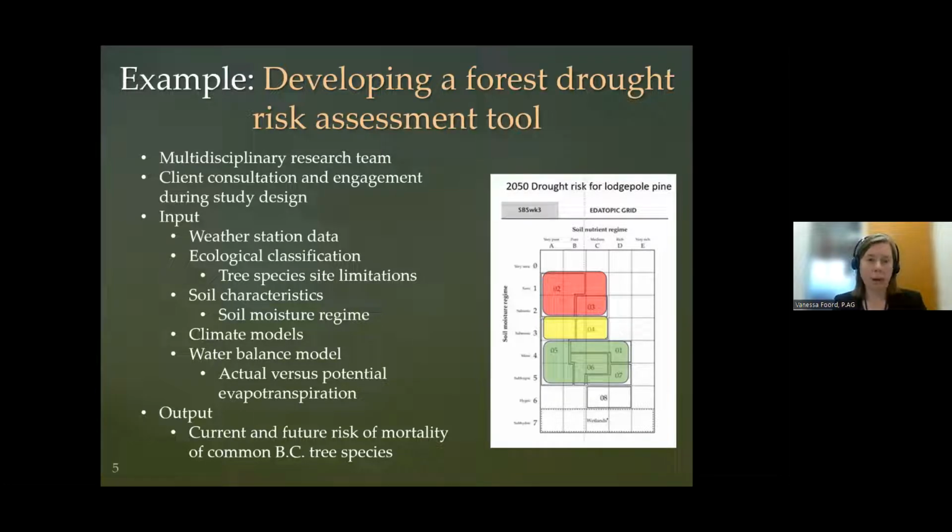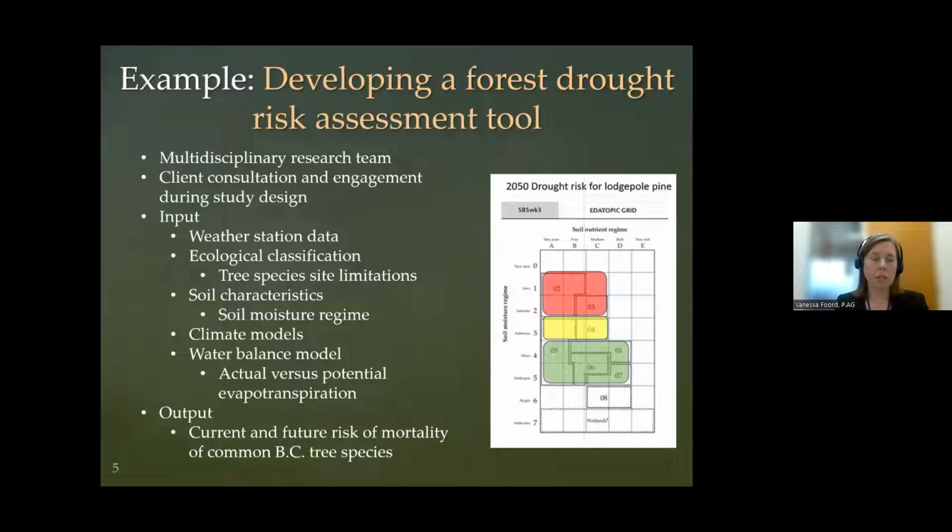Just a brief overview of the input into the tool for those that might be curious is basically it takes historical weather station data. It accesses information from our ecological classification system in British Columbia, which tells us where we have tree species on which sites or not on which sites.